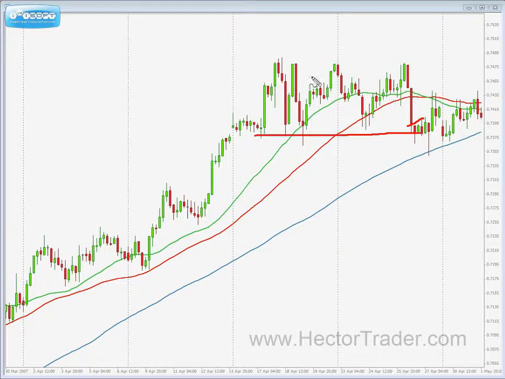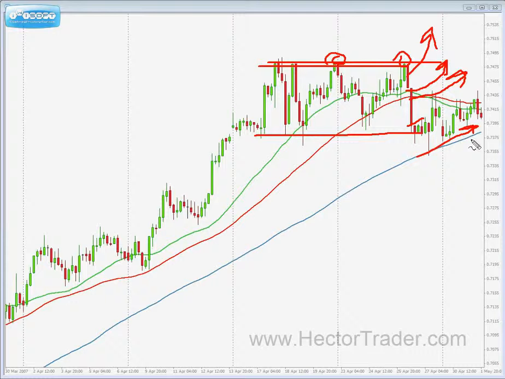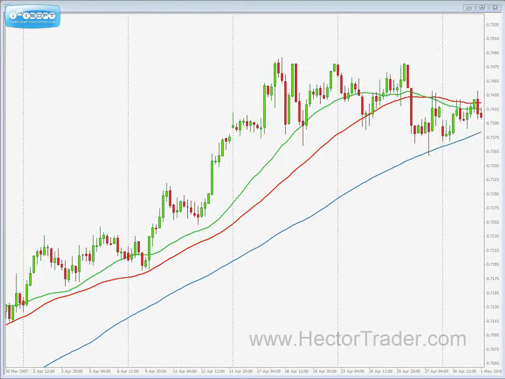Have a look. We're ranging already. The only way we would consider searching for a long entry here is if we broke above this triple top once again, and the moving averages began falling in place in order again, pointing in the same direction. This is not the case though.